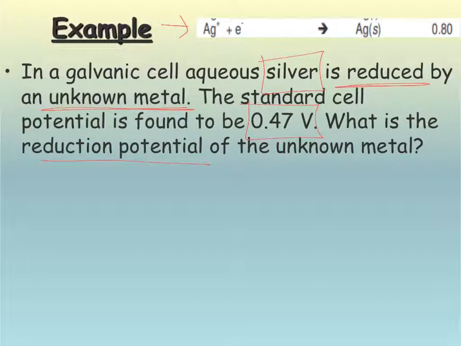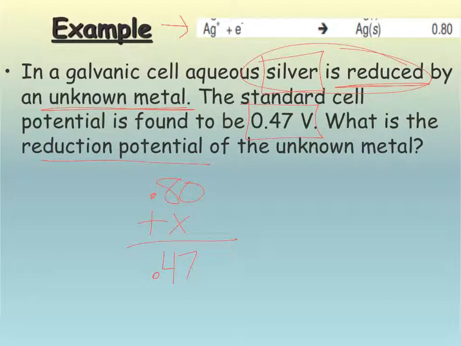Silver is being reduced, so I don't have to do anything to that silver value. I know that my unknown metal has some sort of value for its reduction potential, and the total of those two is 0.47 volts.